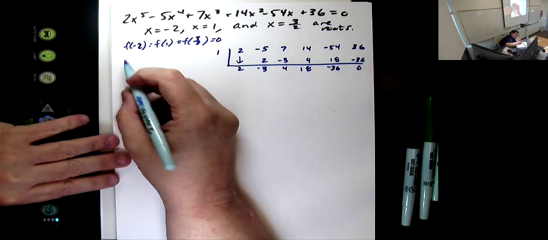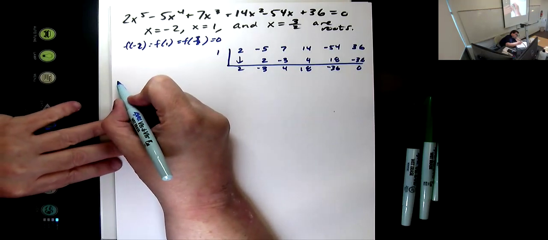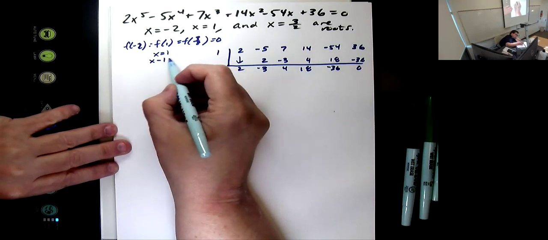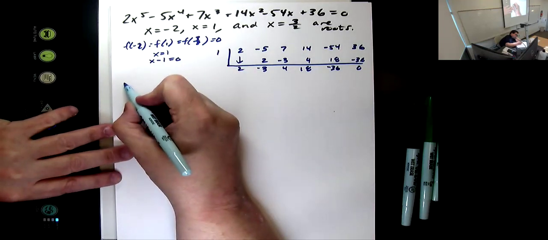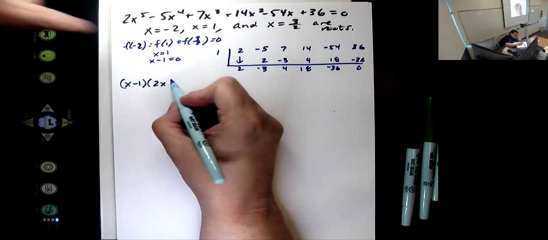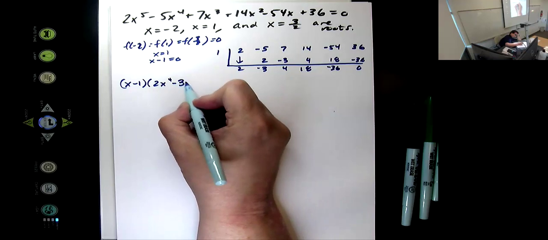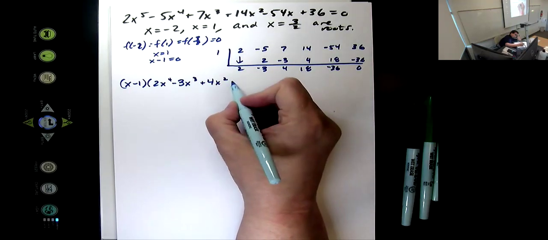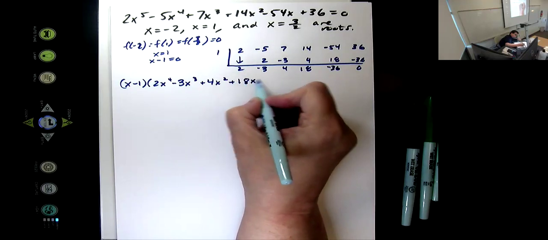This tells me my first step is I can have x equals 1 is the same as x minus 1 equals 0. My first factoring out of x minus 1 gives me 2x to the fourth minus 3x cubed plus 4x squared plus 18x minus 36.